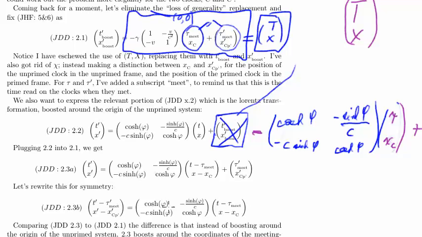This is now the same rotation, except we've moved the relevant point. We no longer are worried about that point tx being the location of the origin of the unprimed frame. What we're worried about now is just the shared origin, this place where the two clocks are meeting. It doesn't matter what their coordinates are, we can just say that those two clocks are meeting there.